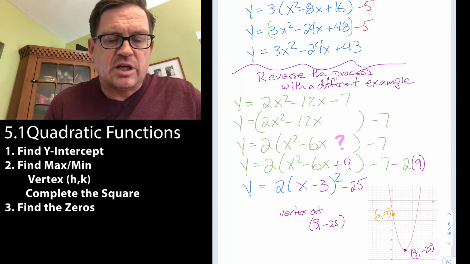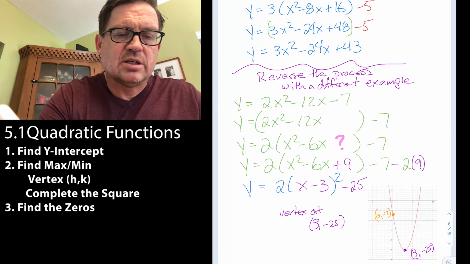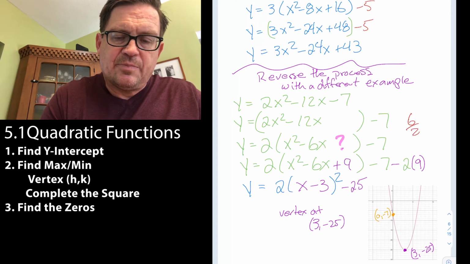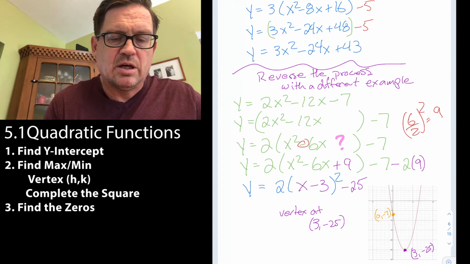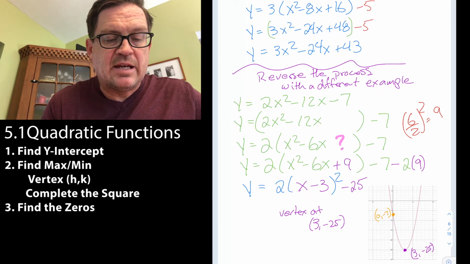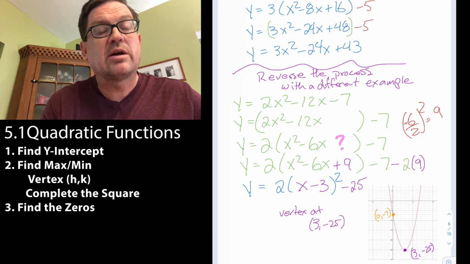And in that space, you're going to take half of this 6. Let me change the colors here. You're going to take the 6 over 2 and square it, which is going to give you the 9 that you plug in here. And it doesn't matter if this is -6 or +6, because -6 over 2 squared is still going to be +9.